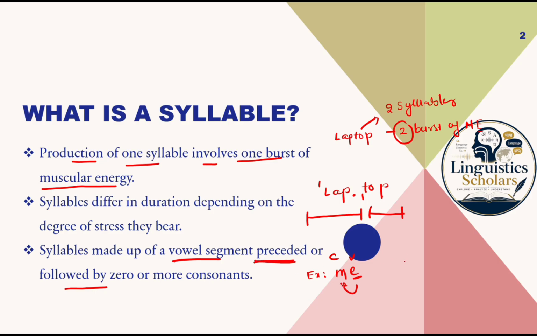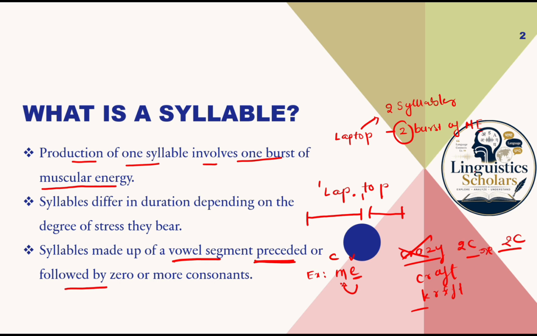When I say crazy, or craft, C-R-A-F-T, the vowel is preceded and followed by two consonants.